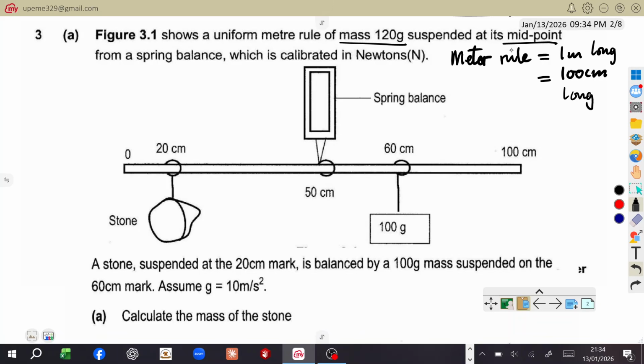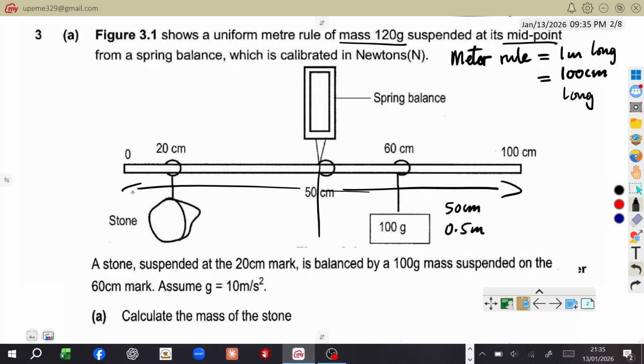With a 1 meter rule of 100 centimeters, if it is at the middle, the one side is 50 centimeters or 0.5 meters, and the other side is also 50 centimeters or 0.5 meters.